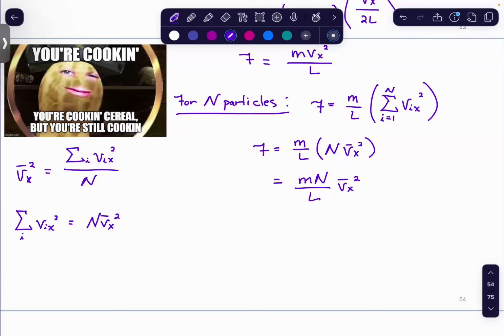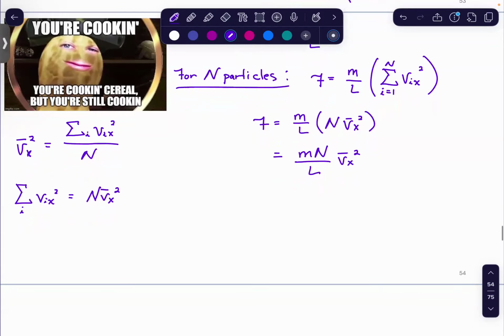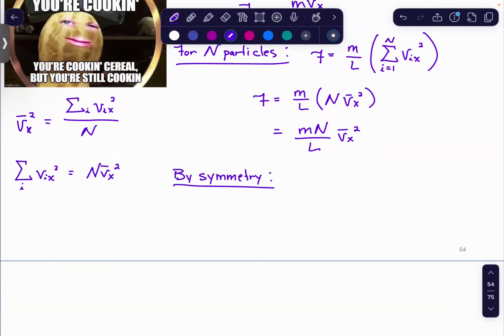Now, something else we wouldn't really do until like 400 level chemistry. You can do these derivations multiple times, and you'll see by symmetry, Vx squared equals Vy squared equals Vz squared.